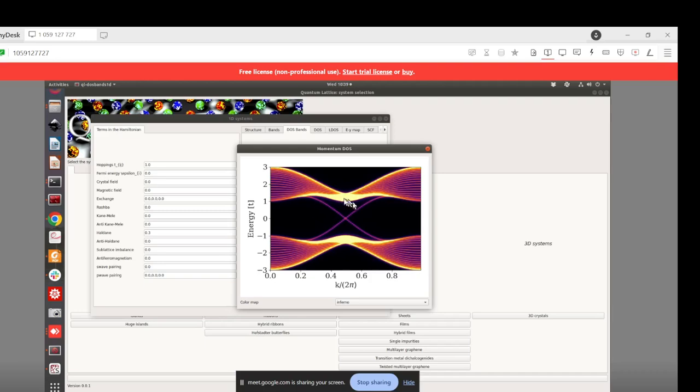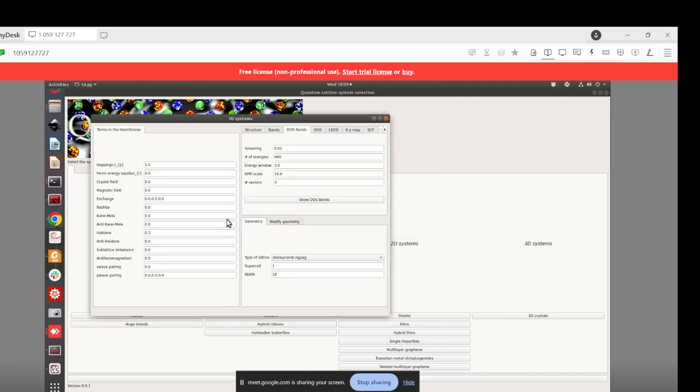So it doesn't matter where your Fermi energy lies, even if it is in the gap, these two edge states will conduct and give some non-trivial behavior. Now let's see what happens if you switch off the Haldane. Now we are interested in the Kane-Mele. So switch on some Kane-Mele parameter and see what happens.